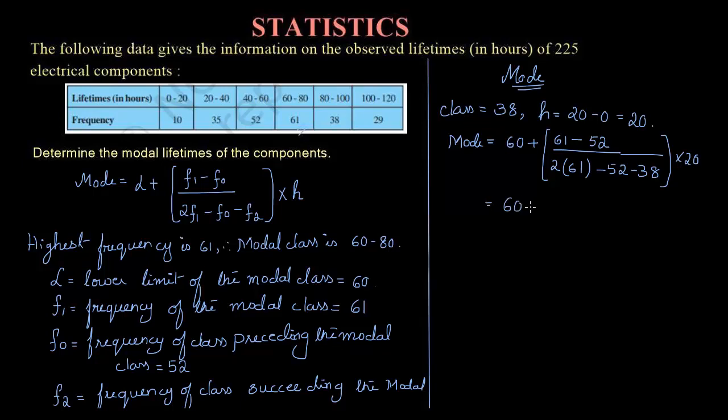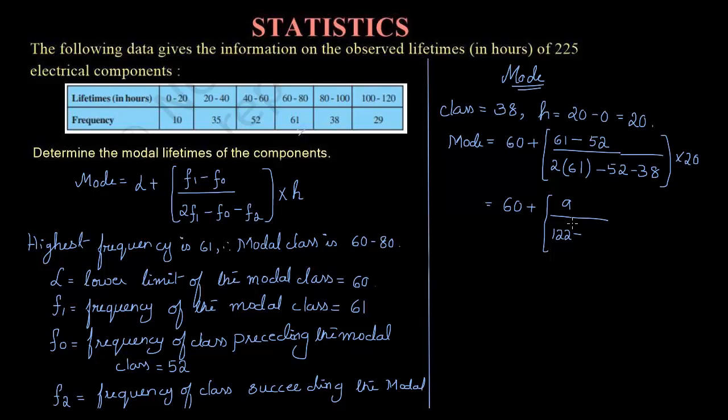We'll keep 60 as it is plus, then let us subtract 61 minus 52, which is equal to 9, divided by 2 into 61. 2 into 61 is 122. You can multiply and check. Minus 52 and 38 both have negative sign.